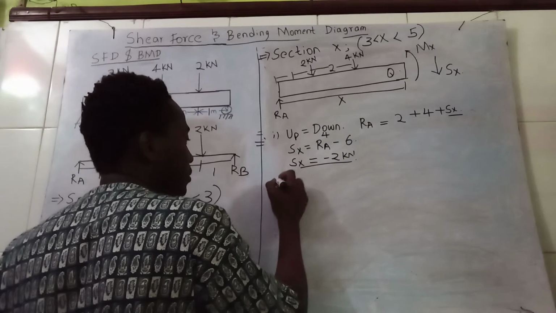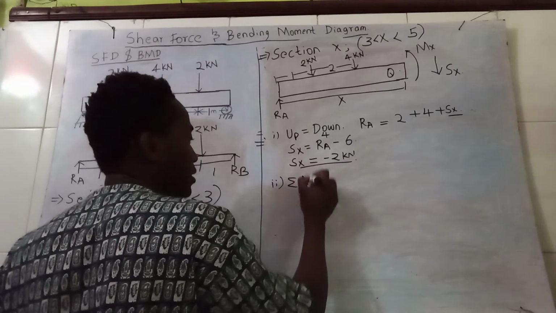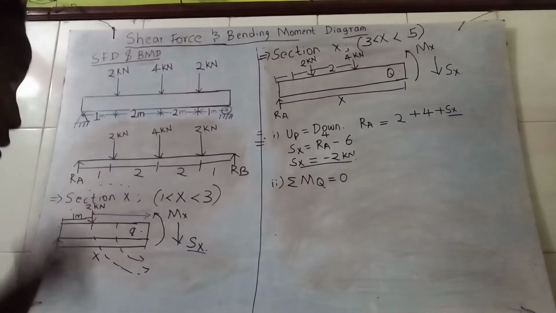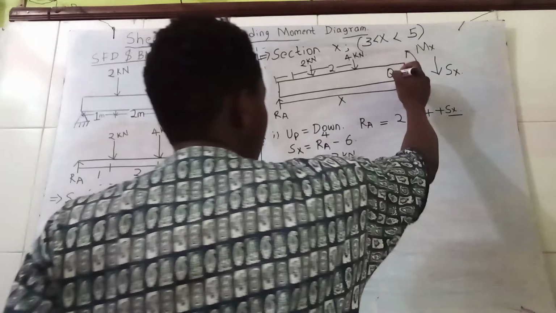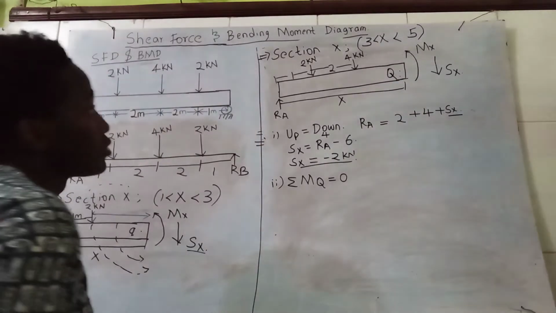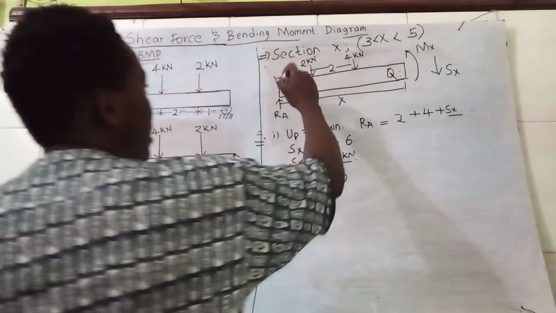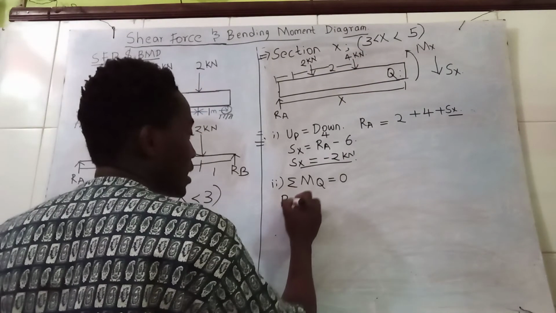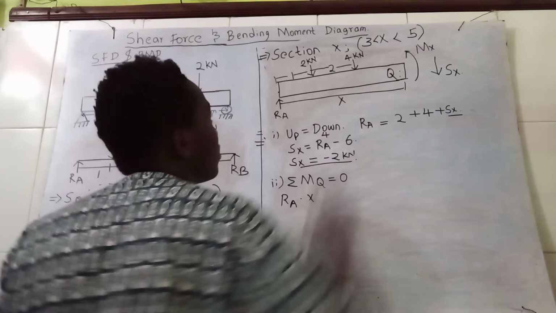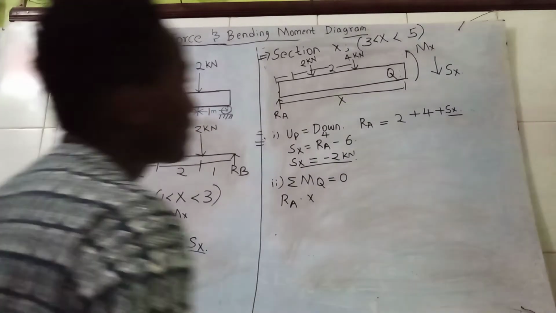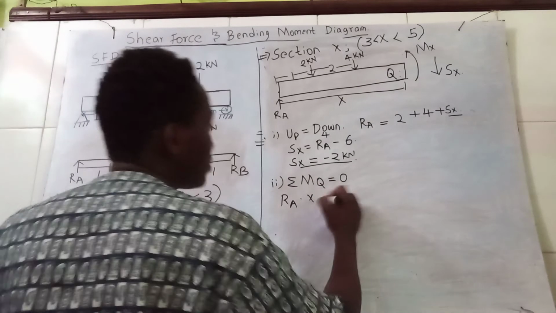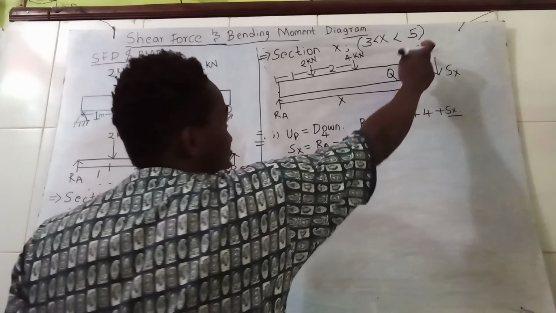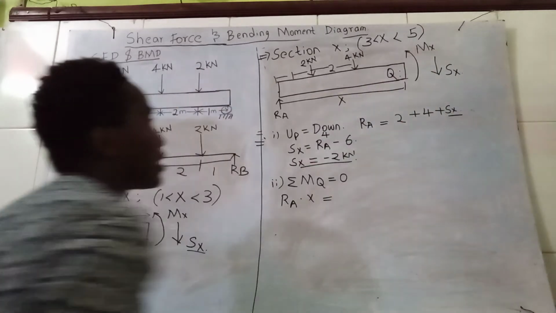Secondly, moment at a point Q is equal to 0 at point Q. So we shall start. RA is going in that direction, that is clockwise. So RA multiplied by the whole distance x is equal to, 2 is heading that direction, 4 that direction, Mx also in that direction.